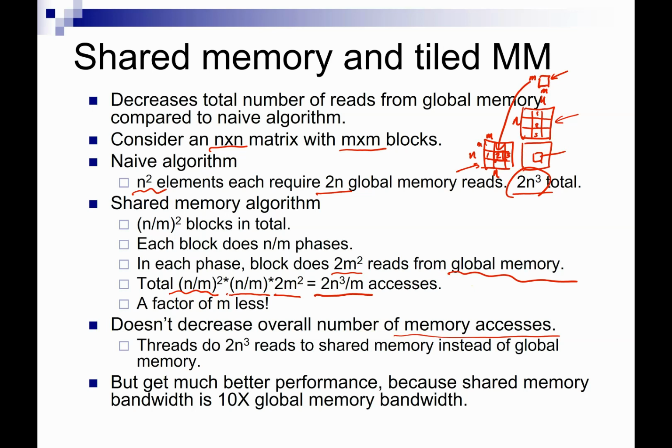If you count up their accesses from shared memory across all the blocks, it still comes out to 2n cubed. So we're not reducing the total number of memory accesses, but we are decreasing the number of slow accesses from global memory and increasing the number of fast accesses from shared memory. Because shared memory is both faster and has more memory bandwidth, we get much better performance.